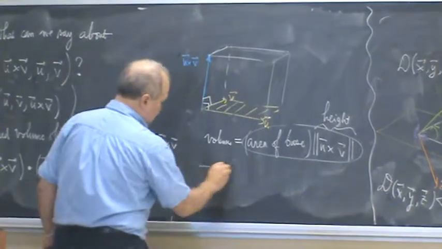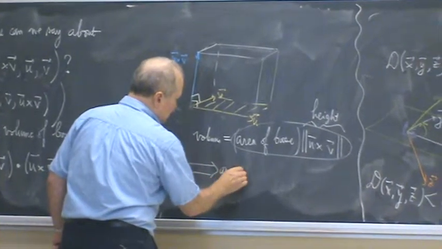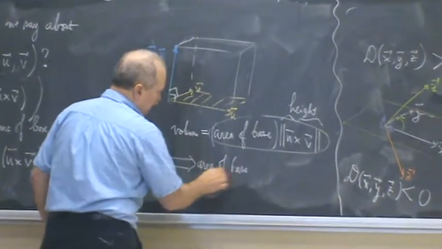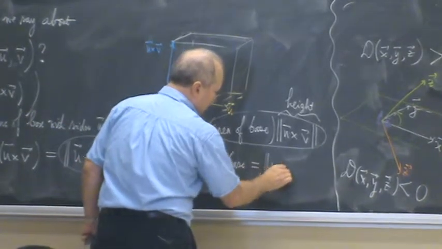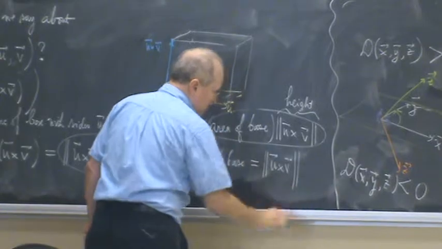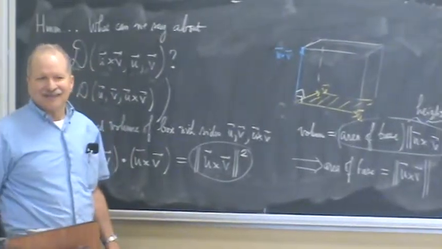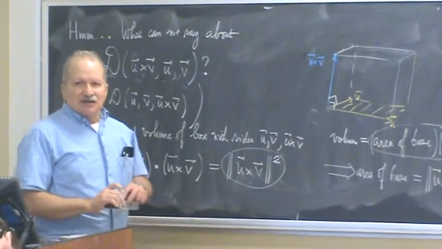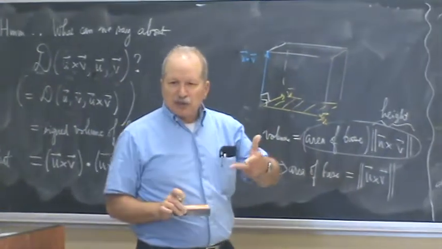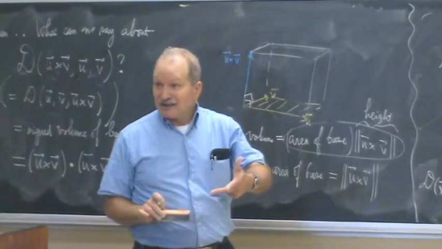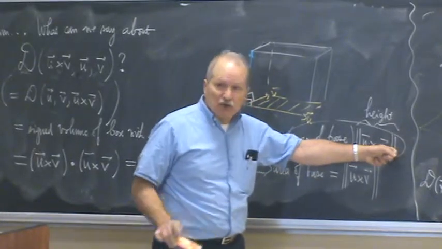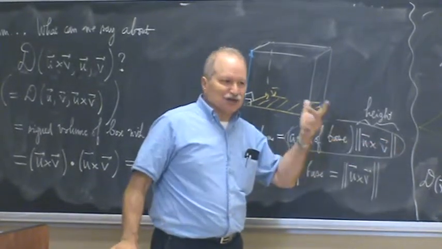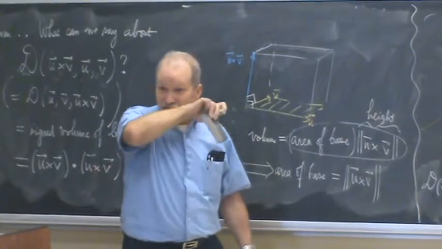It's got to be positive. So the area of the base, the area of the parallelogram spanned by u and v, is the magnitude of the cross product. Very cool. So the determinant of two vectors in the plane tells you signed area. Taking the magnitude of two vectors' cross product in R3 gives you the area of the parallelogram in R3.